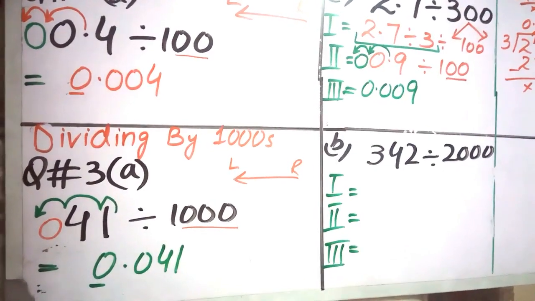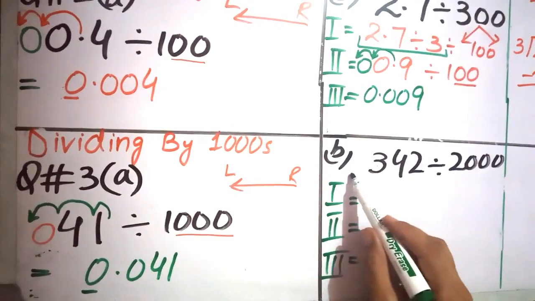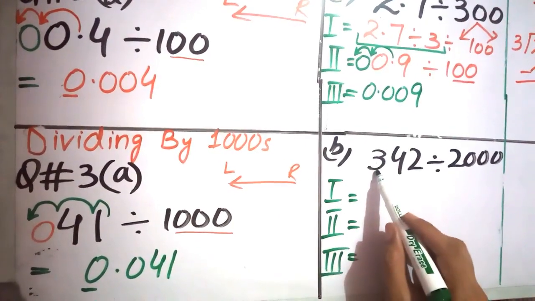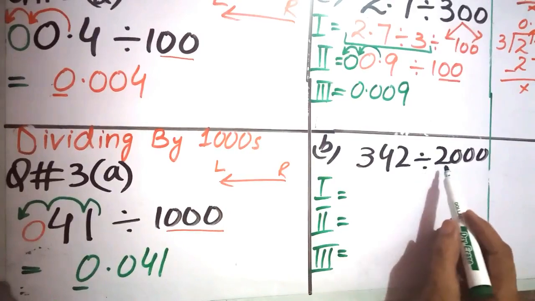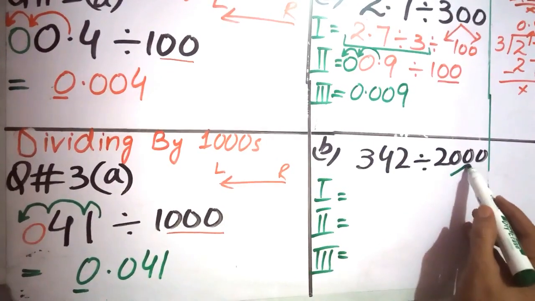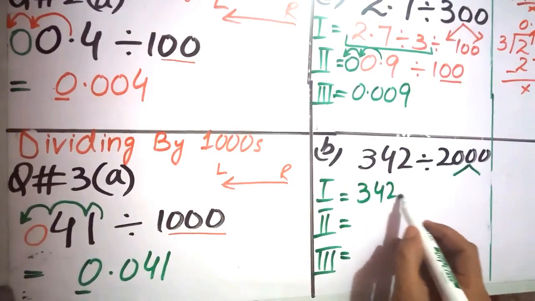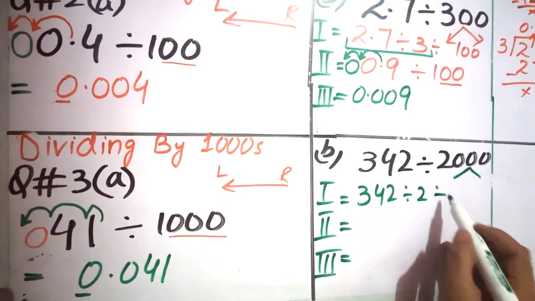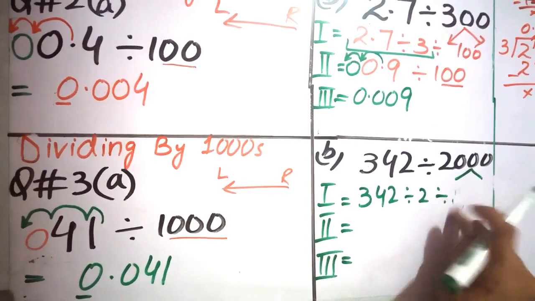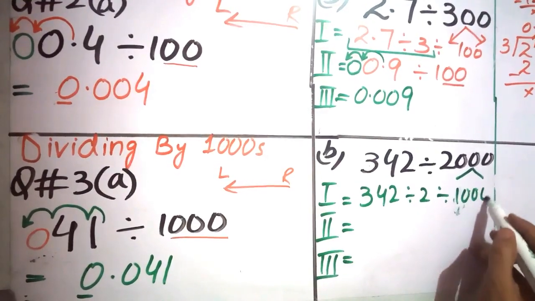Now in question number 3, B part, 342 divided by 2000. Again we'll split the number: 342 divided by 2 divided by 1000.